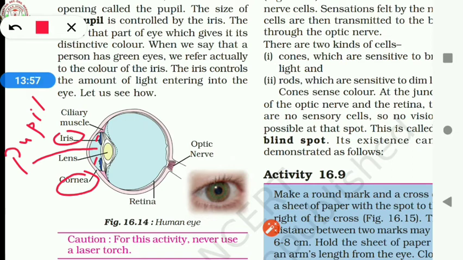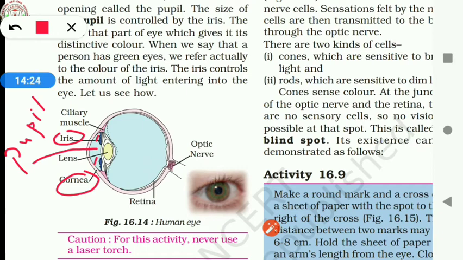Some people have an iris of black color and some others have a green colored iris. The iris controls the amount of light entering into our eyes.